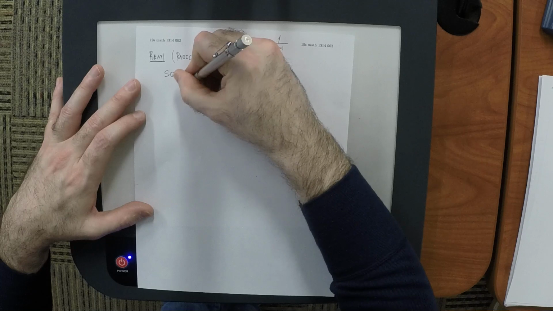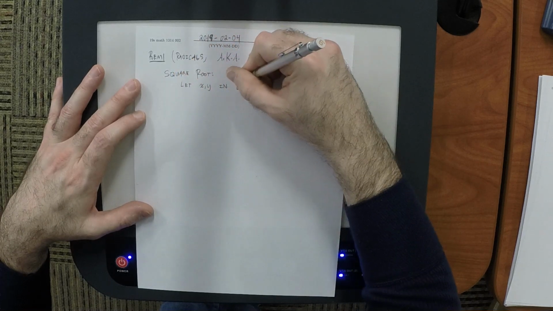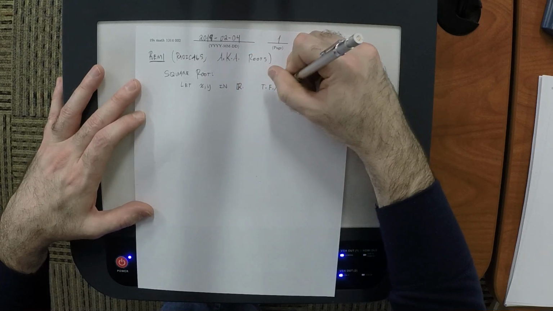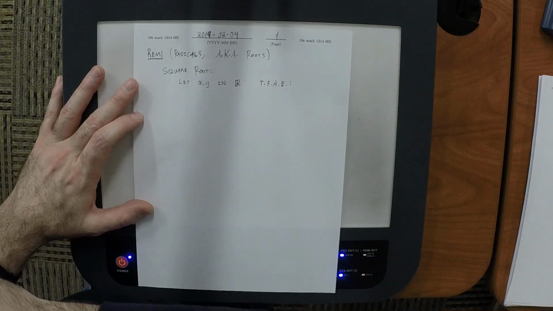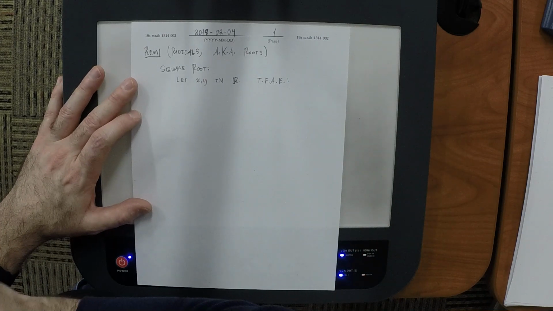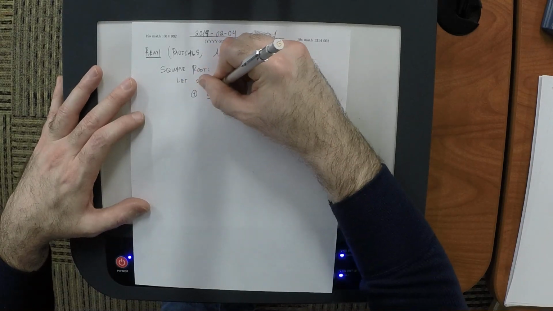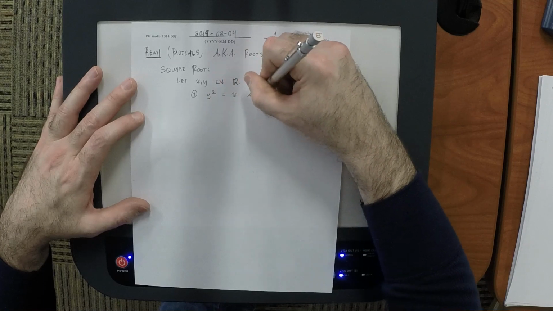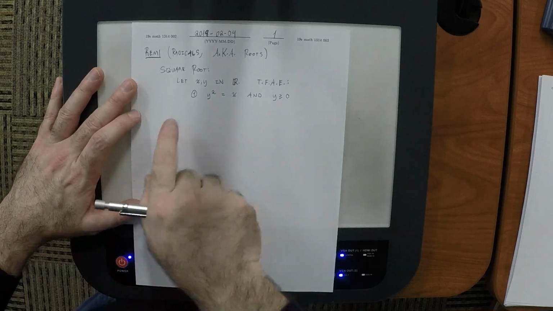The definition of that is: let x and y be in the reals. Then the following are equivalent. The first condition is that y squared is x, and y is greater than or equal to 0. So that's the first condition.